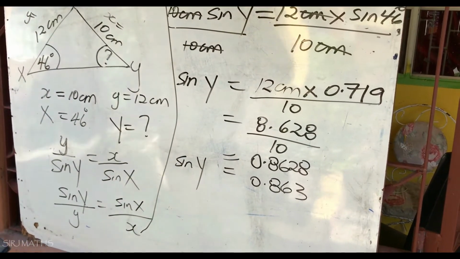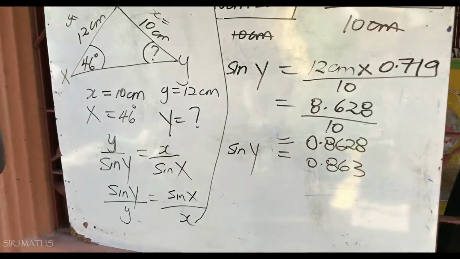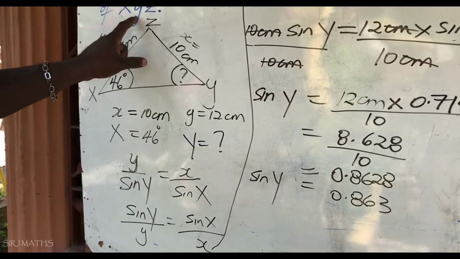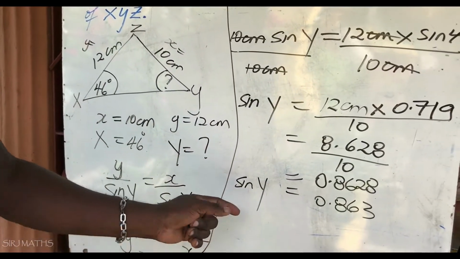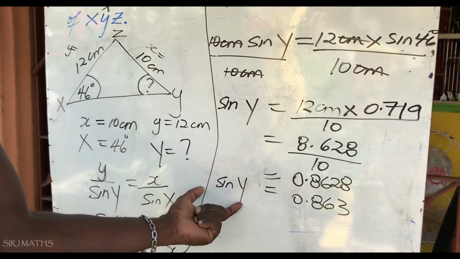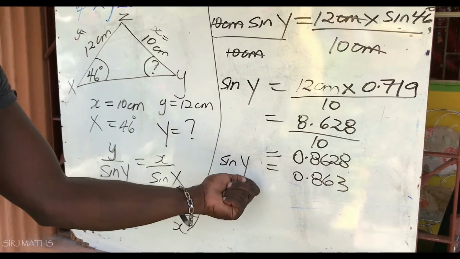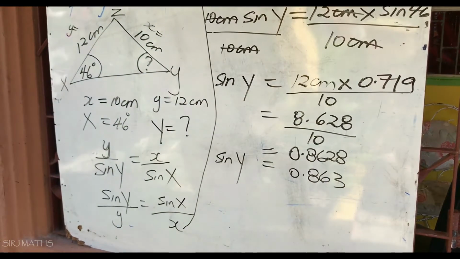Now, this is not the answer that we want, because the question sets out for us to find the angle. And the angle is y. Now, when you hear sine y, that's simply a ratio. So what we want is the sine of which angle that gives us 0.863.